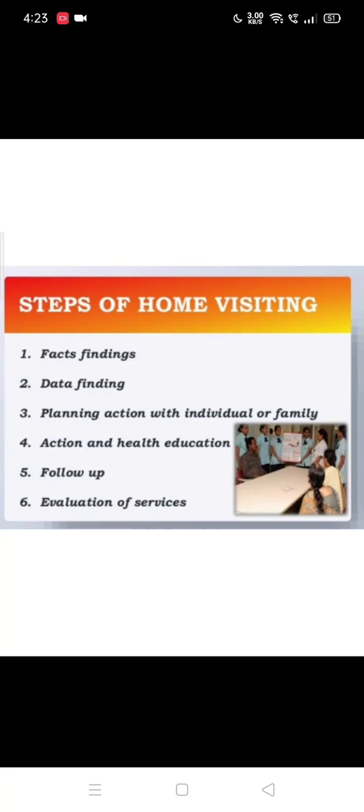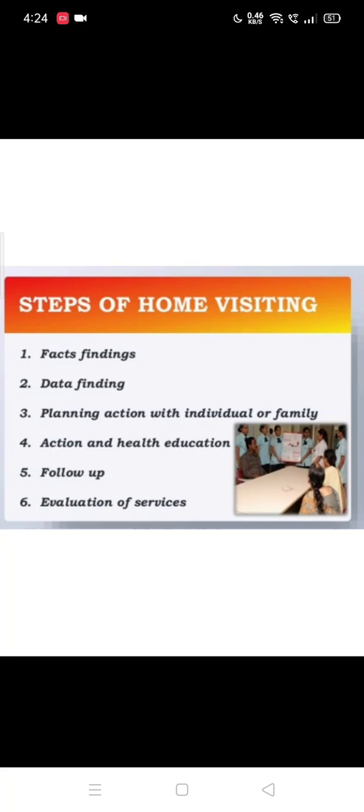Then planning action with individual or family. After taking the history and data, you are going to plan what are the problems. Data finding means you find out the problems, then you plan action with the individual or family. Whatever the problem will be, you are going to study that.